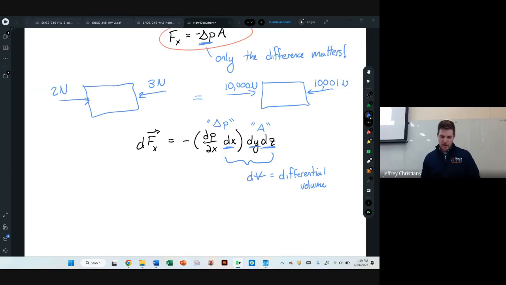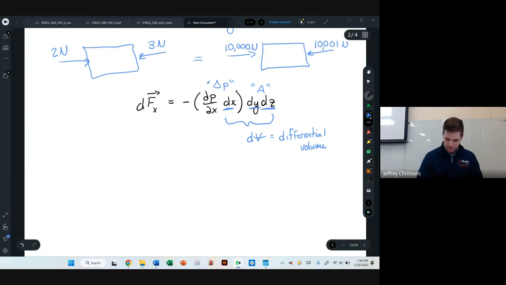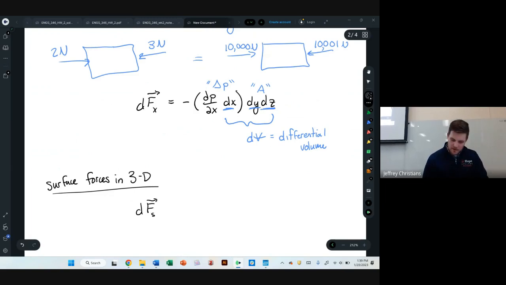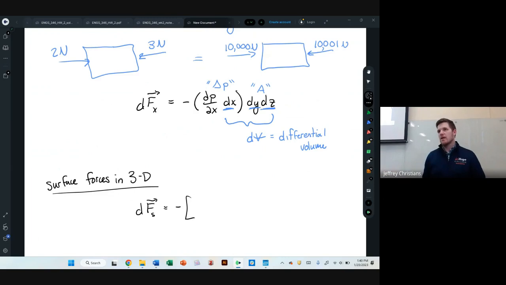All right, so what would our surface forces be in 3D? They would be negative, and then you basically have dp dx, but then a y part and a z part, and they're all different directions, so we have to make it a vector thing.